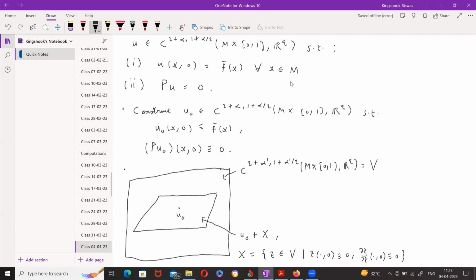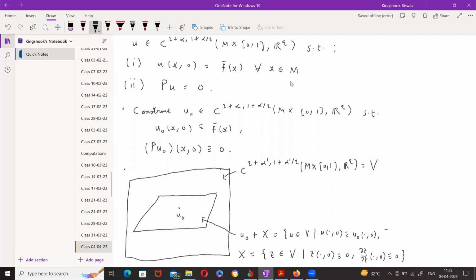And then I'm looking at U naught plus X. So this means basically the set of U in V such that, if I add something which is 0 at time 0, then U at time 0 is going to be identically equal to U naught at time 0.